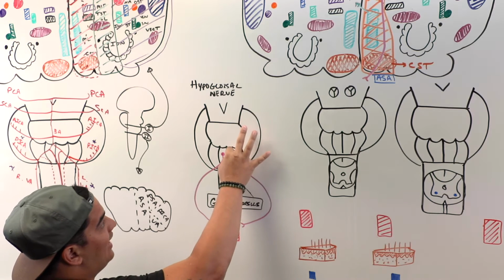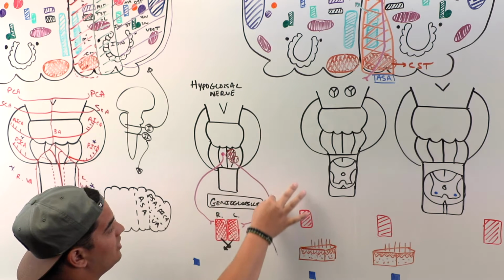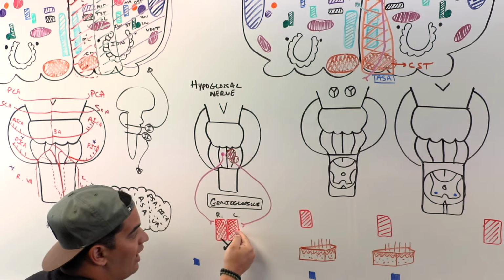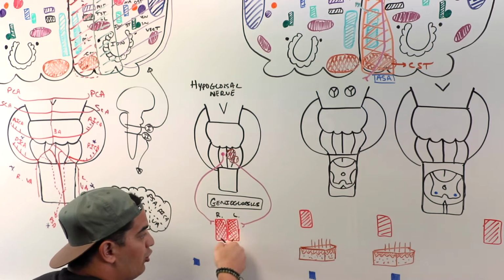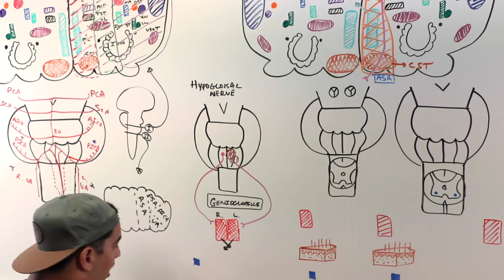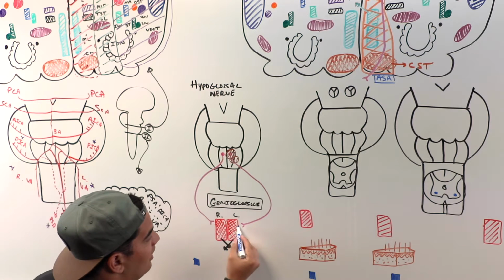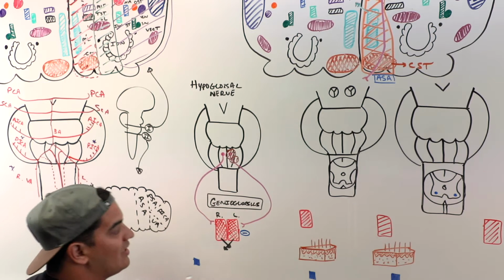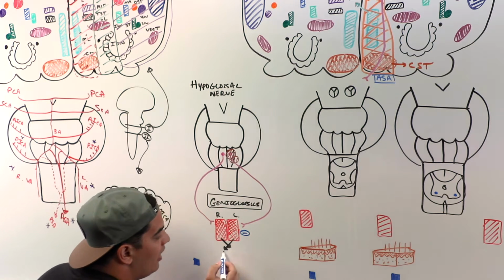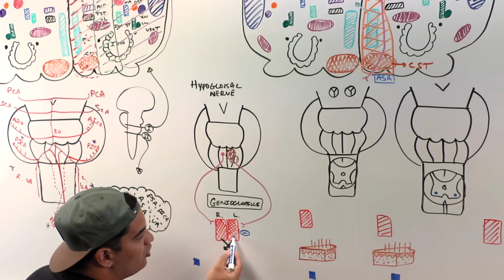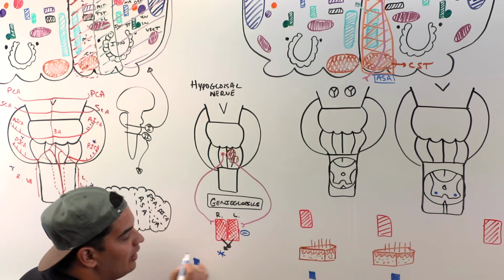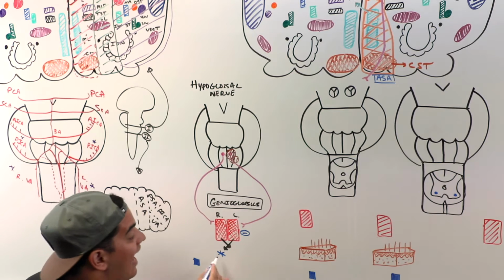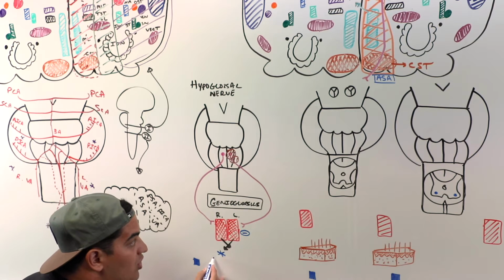So if that's the case, then the hypoglossal nerve stimulates the genioglossus to contract, and it'll cause it to protrude and move towards the left. But because this left genioglossus is inhibited, it doesn't have enough stimulation, the direction of it protruding towards the right side is going to be inhibited. It's not going to be able to move towards the right.